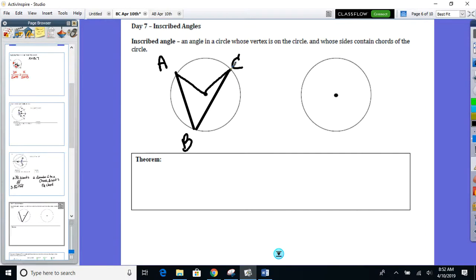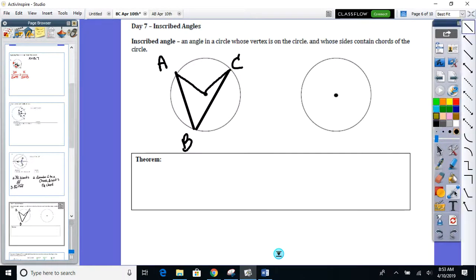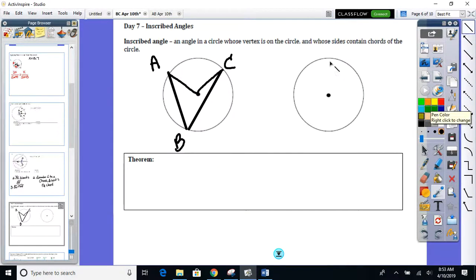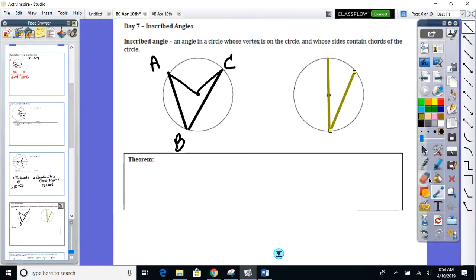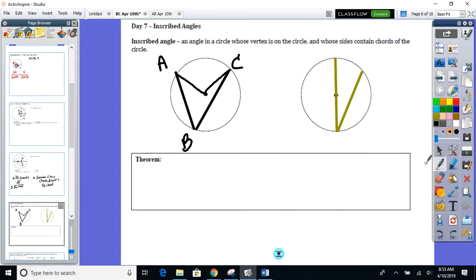Next circle, draw a diameter in. Just want you to be aware of a different way. I could draw this inscribed angle and then draw a chord to it. So the vertex is still on the circle. That's still an inscribed angle.